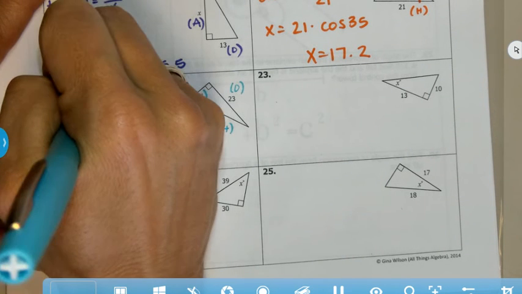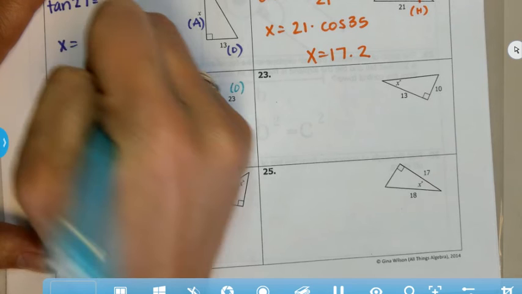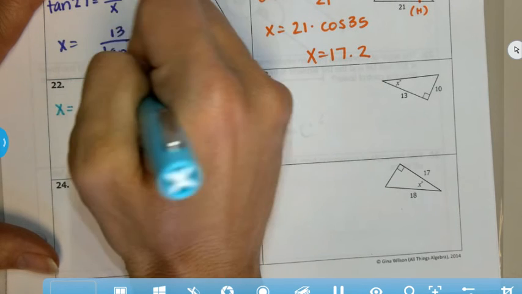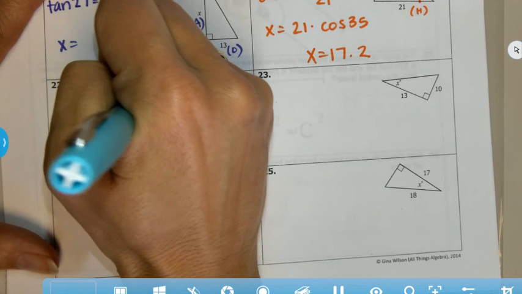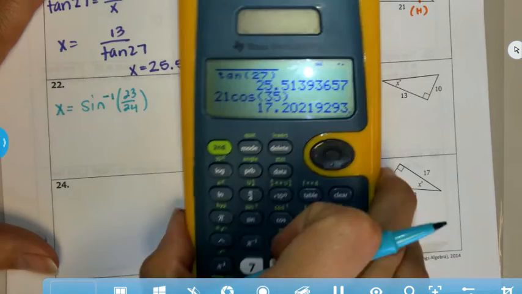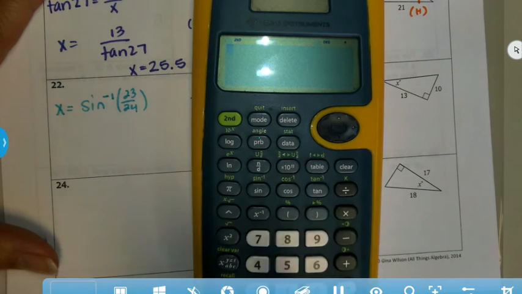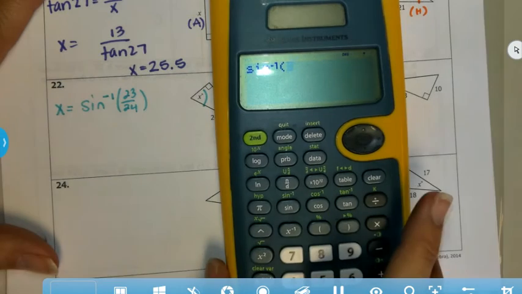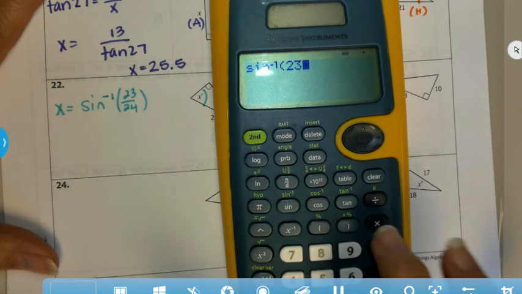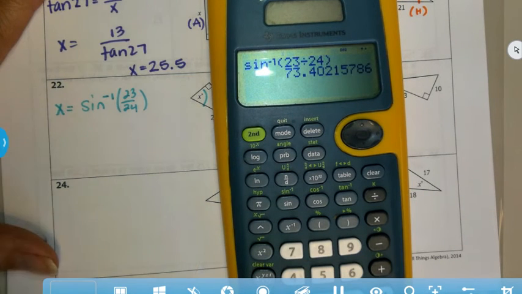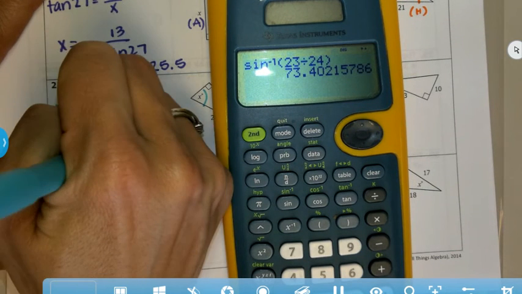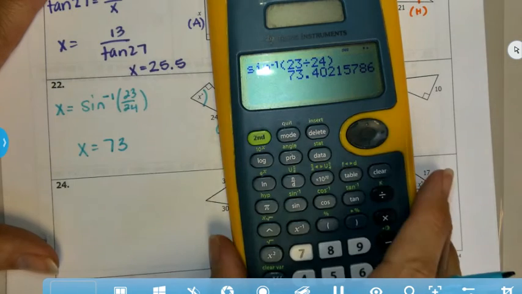So x equals inverse sine of opposite over hypotenuse, 23 over 24. We push second sine to get that inverse sine, 23 over 24. So this angle is 73.4 degrees.